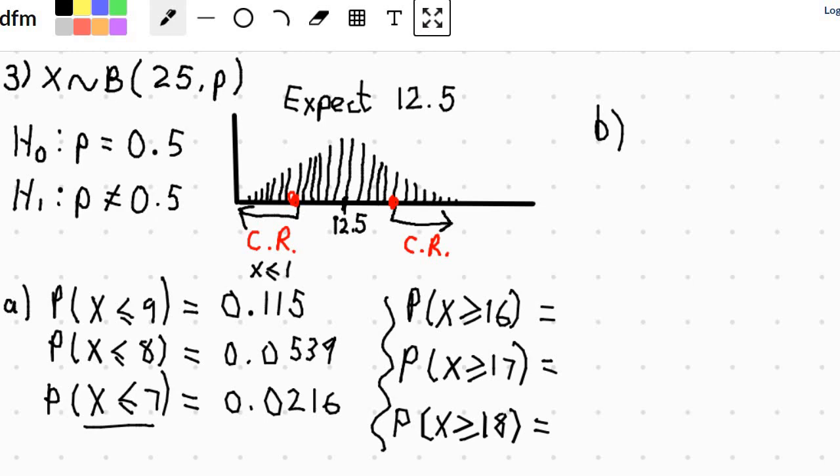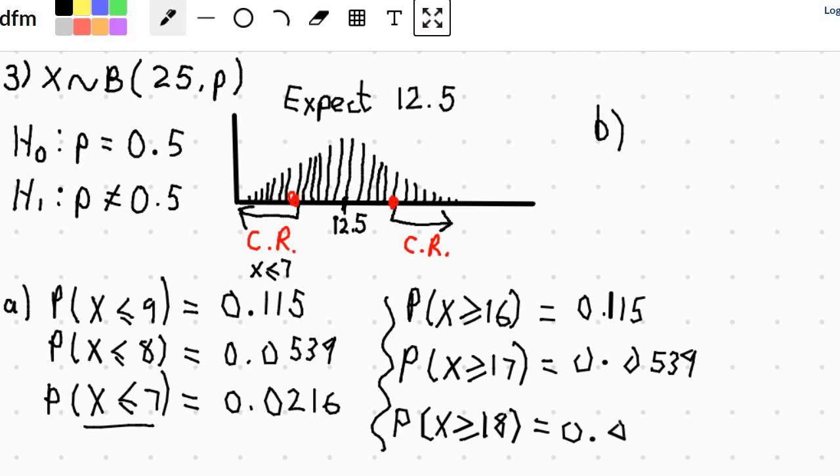Now remember, because it's symmetrical, I could actually just work out how far away 7 is from 12.5 and then get the symmetry and work out where this critical region is. And I can just quickly show you, in fact, these are exactly the same values, 0.115, 0.0539, and then so you can see clearly I'm going to get this as my other critical region.